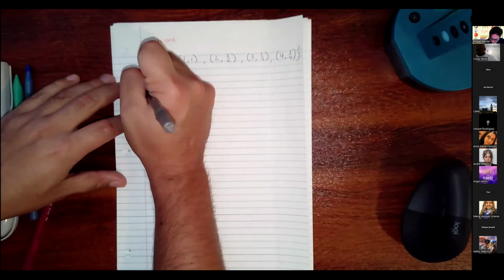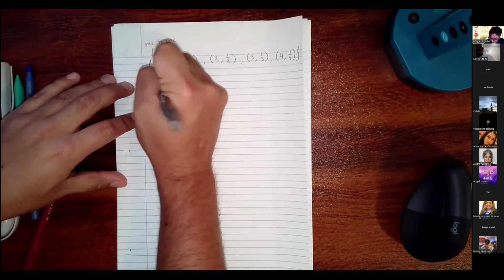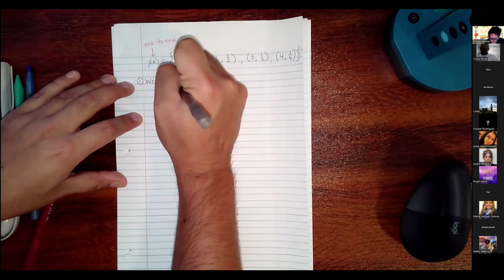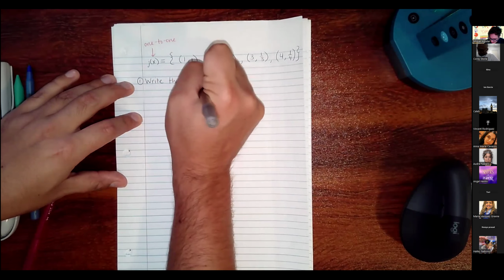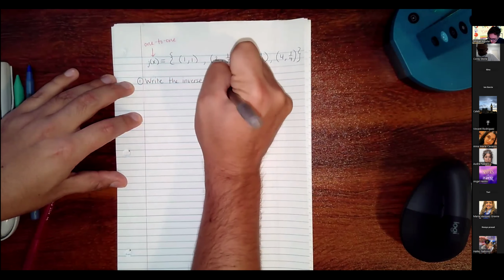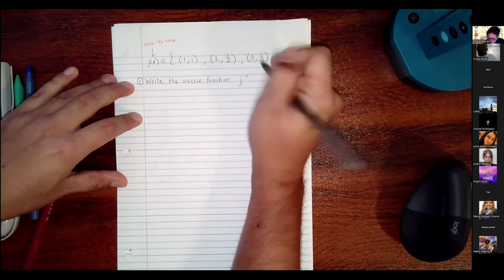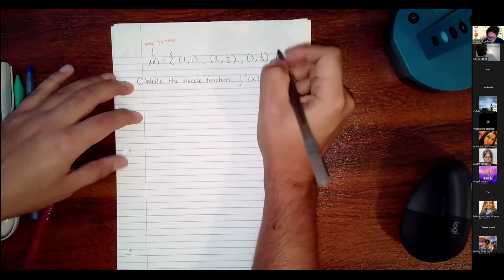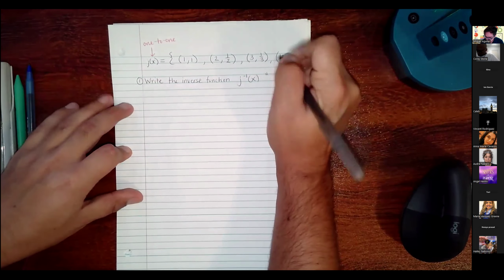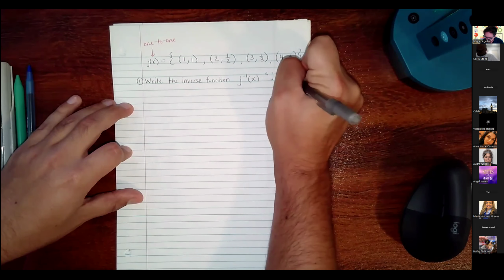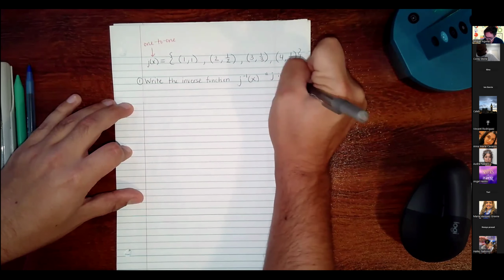If I asked you to write the inverse function, and we'll label that as j with this little exponent -1 of x, we read that as j inverse of x.